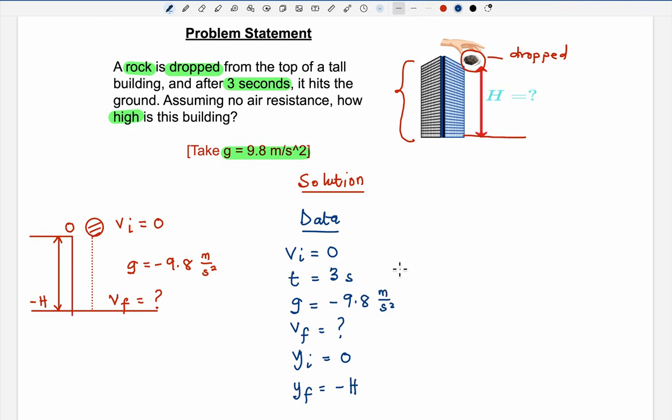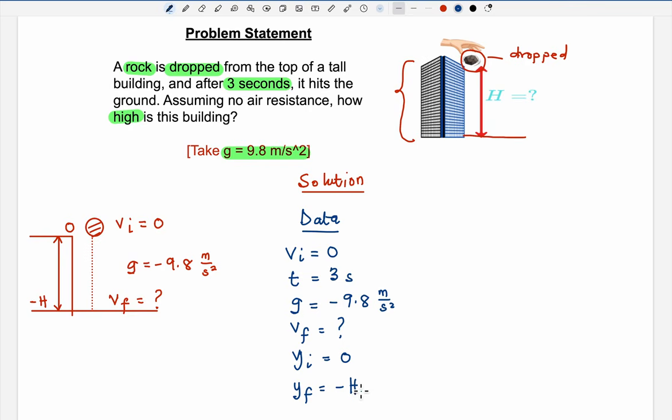Now, let's see, we have vi, we have time, we have g. We don't know the final velocity with which this object is going to hit the ground. So we leave it as it is. Now we have initial position, which is the origin, 0. We have the final position of this object, which is minus h.